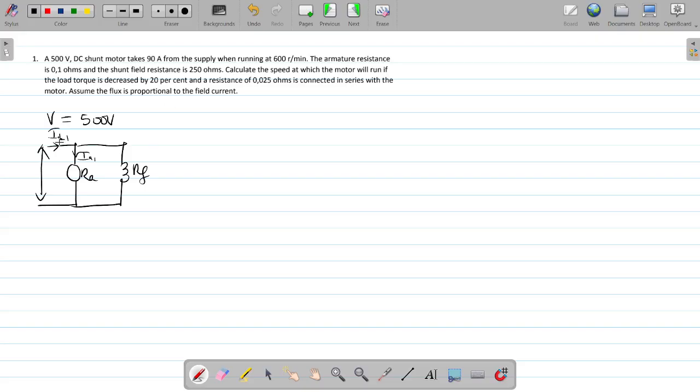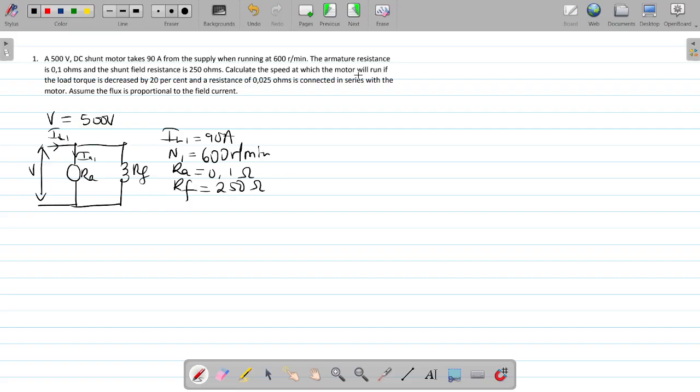It takes 90 amps from the supply. Our supply comes from the terminal voltage. So we are given IL1 as 90 amps, when running at 600 revolutions per minute. The armature resistance RA is 0.1 ohms. The shunt field resistance R shunt is 250 ohms.